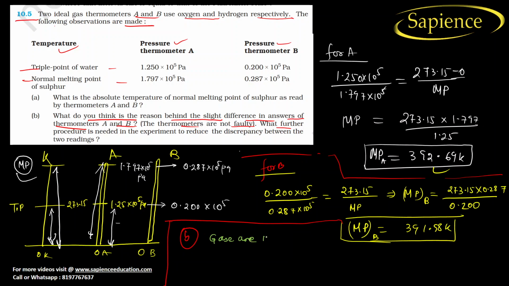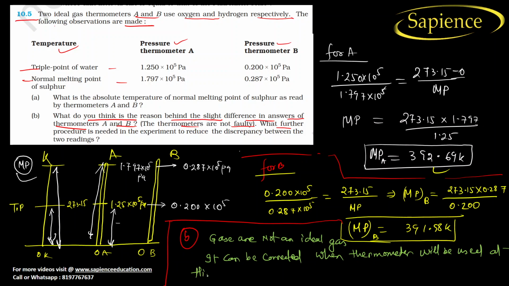Secondly, it can be corrected or rectified when the thermometer is used at high temperature and low pressure.